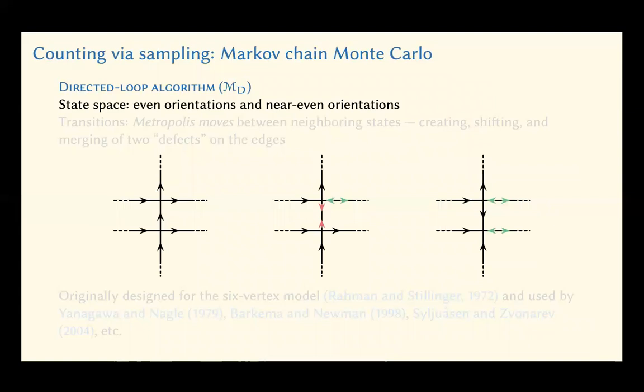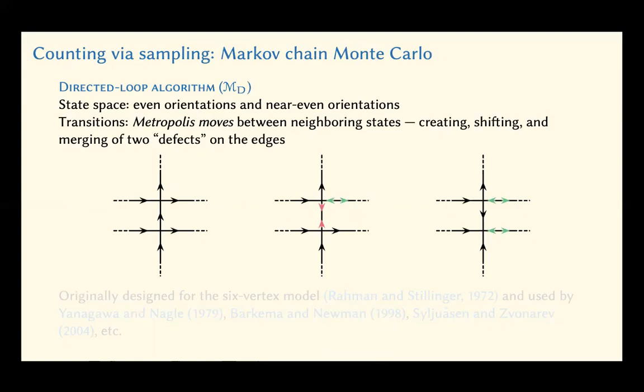By a near-even orientation, we mean an orientation of the edges such that every vertex still obeys the even-in, even-out rule, but there are exactly two edges where, if you view each edge as two half edges, the two half edges disagree with each other. You can see in picture 2 and picture 3 on this slide, there are two edges with disagreeing half edges. These two are called even or near-even orientations.